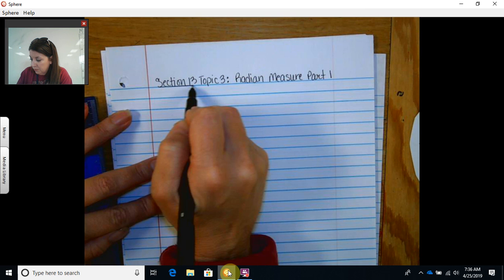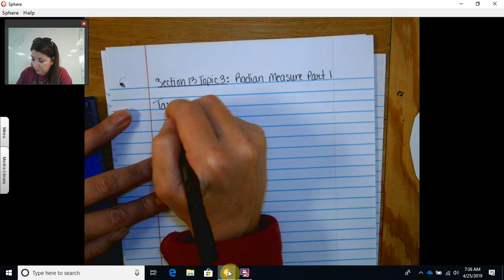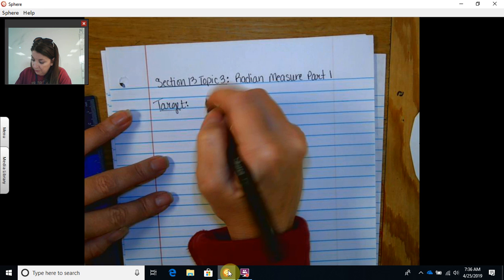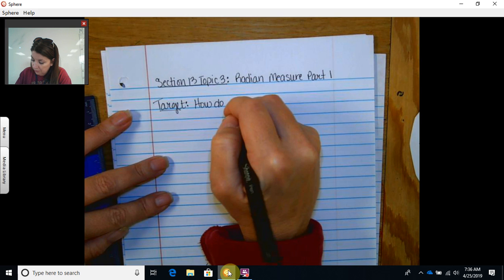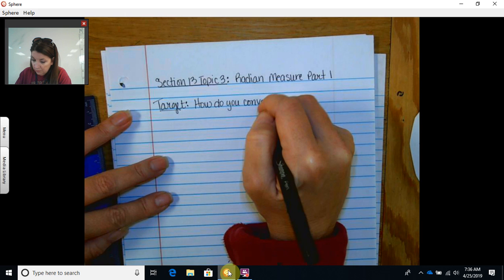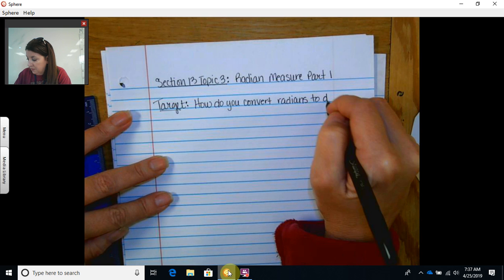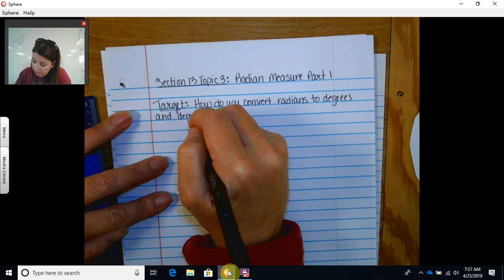And the target: how do you convert radians to degrees and degrees to radians?